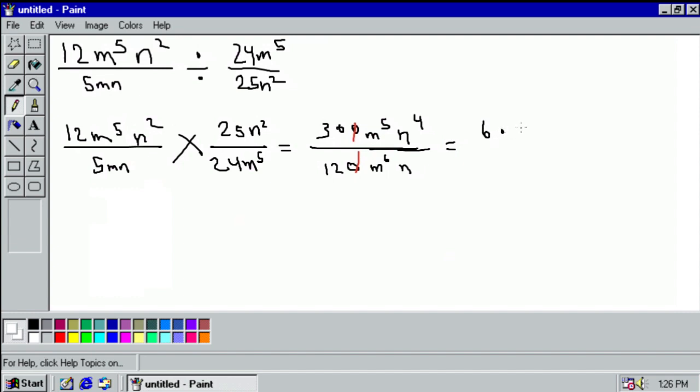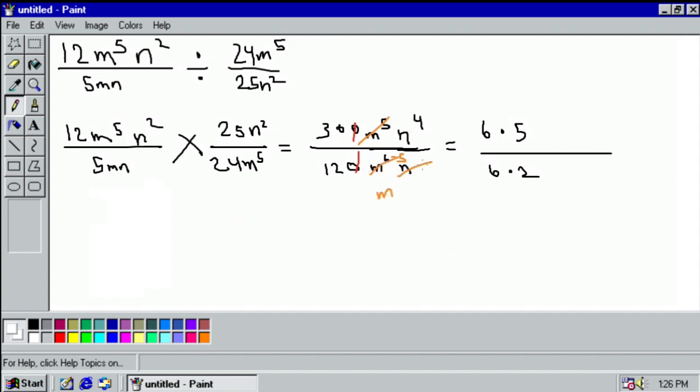So 6 times 5 is 30, and 6 times 2 is 12. Now since the m on the bottom has the larger exponent, we subtract 5 from it, so that we have m left.